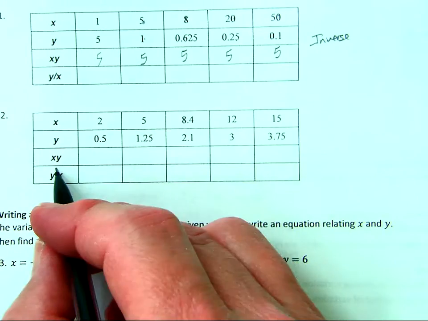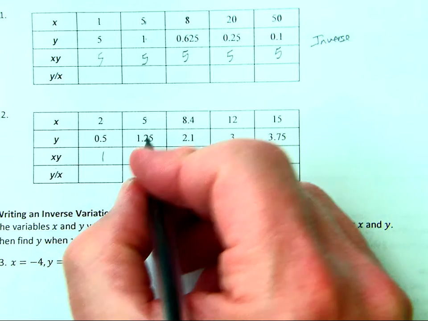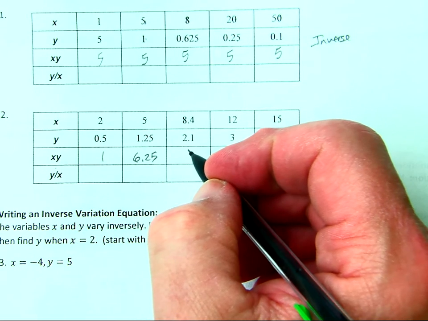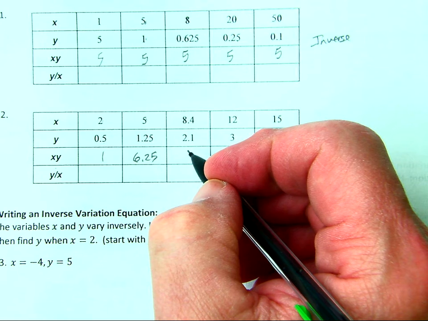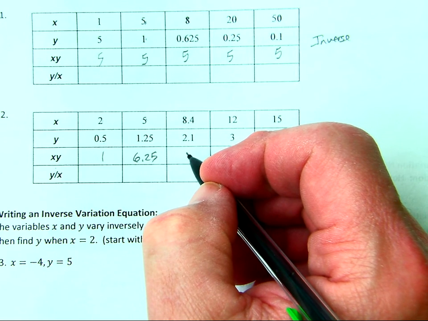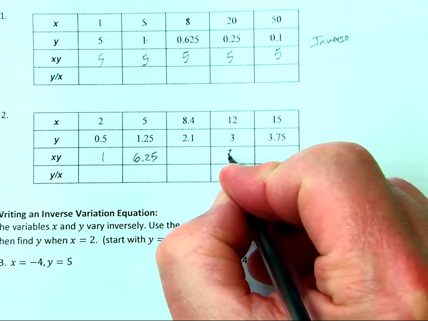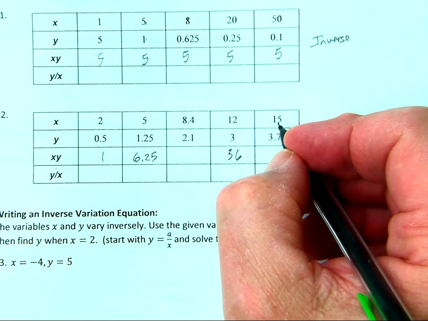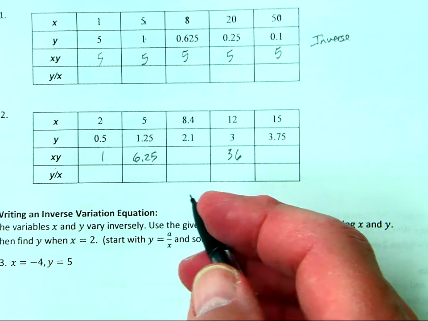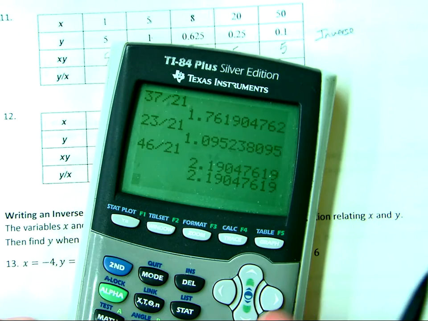Or this next one, if we multiply, 2 times a half is 1. 5 times 1 1/4 is 6.25. 2.1 times 8.4. 12 times 3 is 36. 15 times 3.75, but you can see even without, I should have done those on my calculator, it should be obvious by now that it's not going to work out.